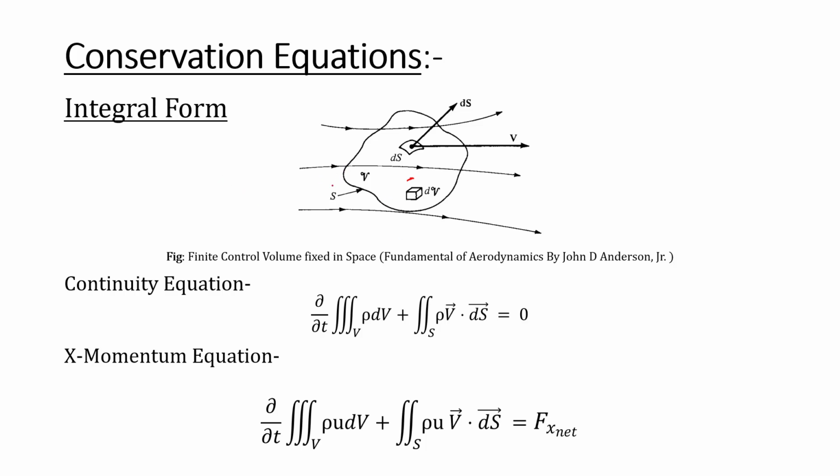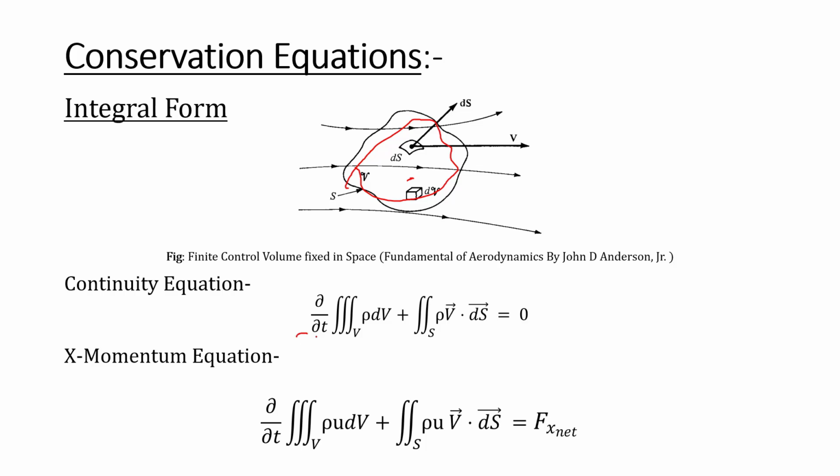Let's say there is a control volume inside the flow, and we take an elementary volume dV and one surface dS, with velocity V through the surface and normal dS. The continuity equation can be written as ∂/∂t triple integral rho dV plus double integral rho V dot dS equal to 0.